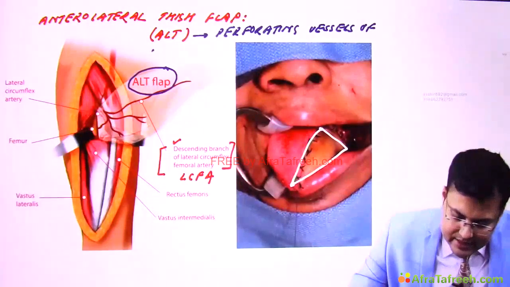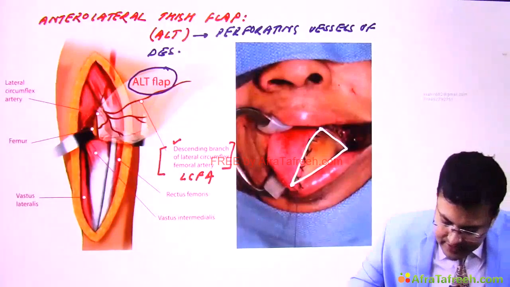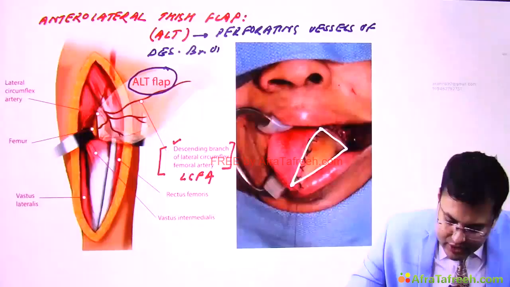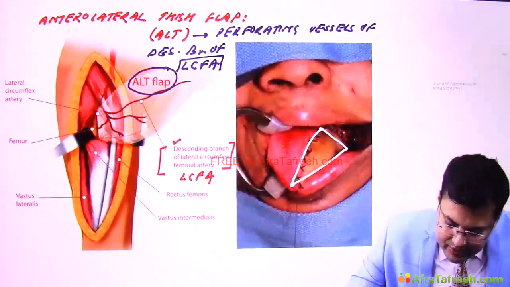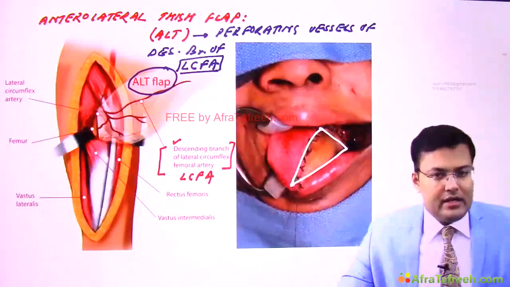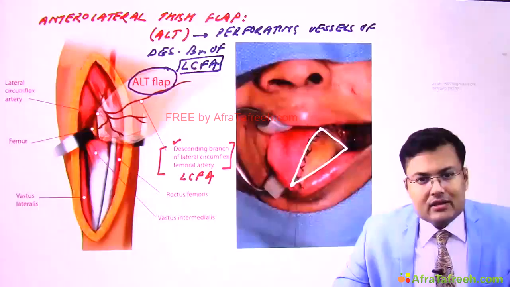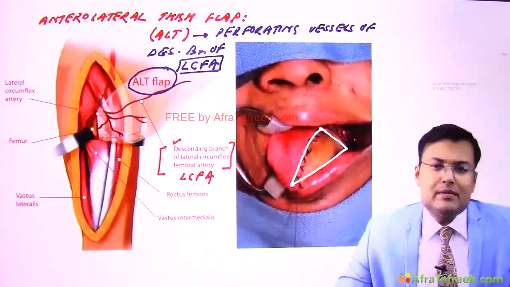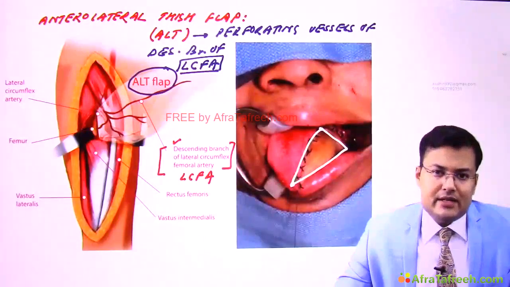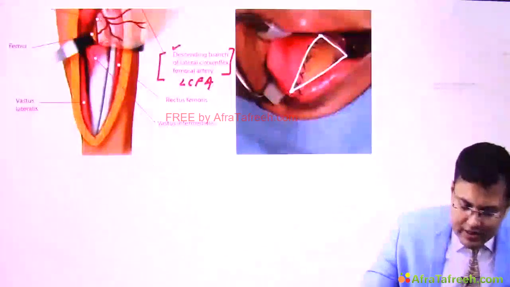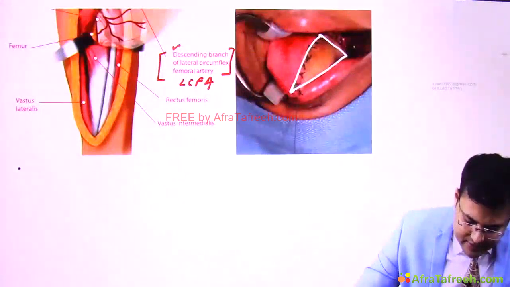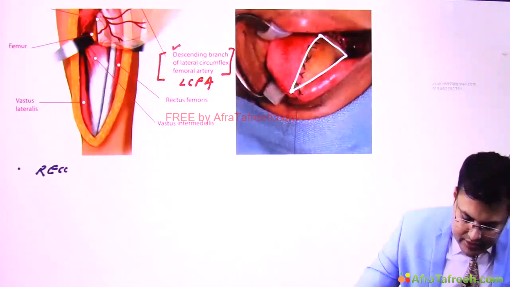So what you have to remember: it is based on perforating vessels of the descending branch of the lateral circumflex femoral artery, and it is used for reconstruction of tongue.